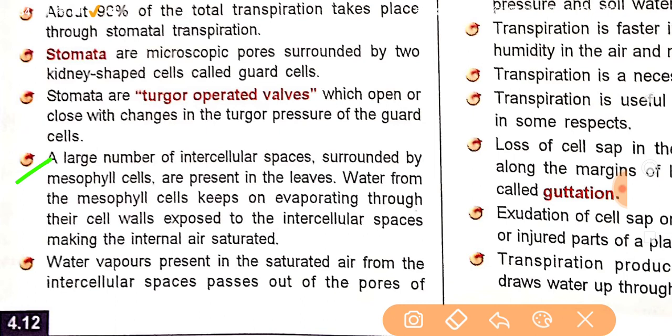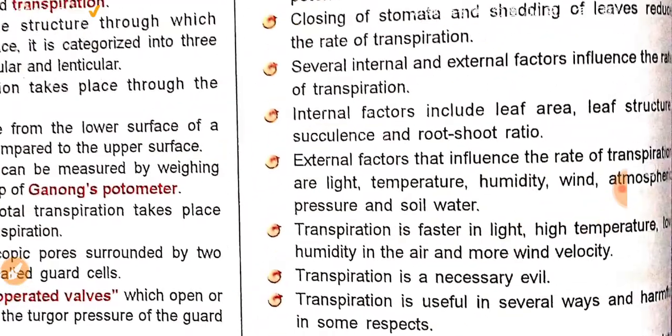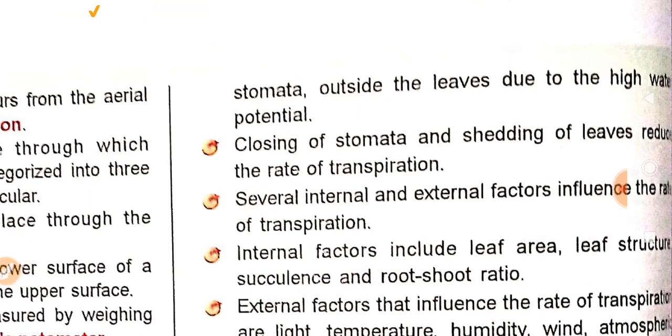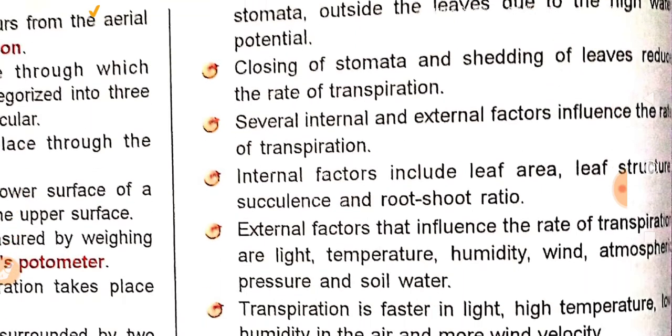Water vapors present in the saturated air from the intercellular spaces pass out of the pores of stomata outside the leaves due to the high water potential.